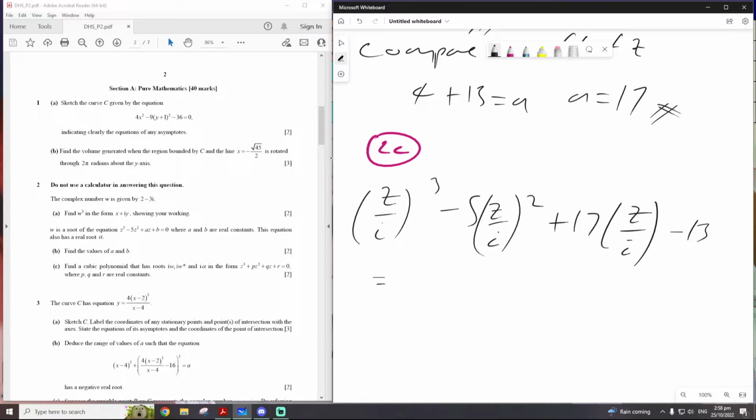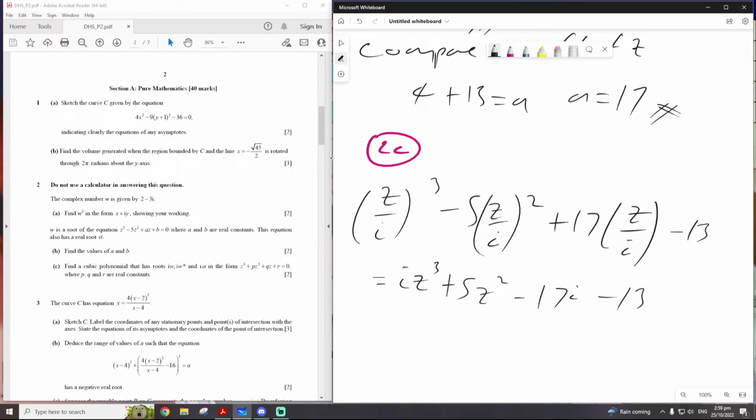Dividing by i is the same as multiplying by negative i, so the result here will be iz cubed plus 5z squared minus 17i minus 13.